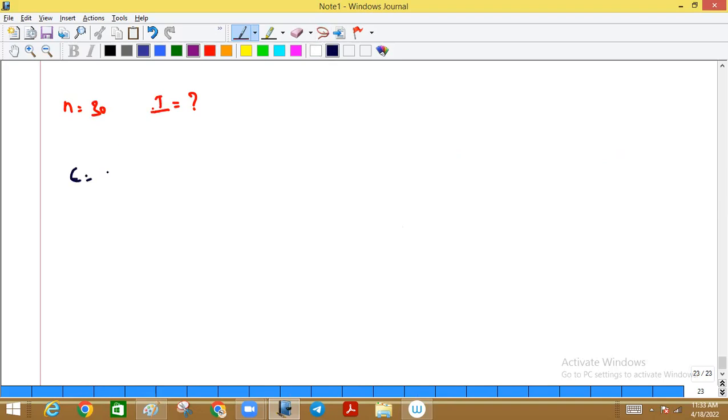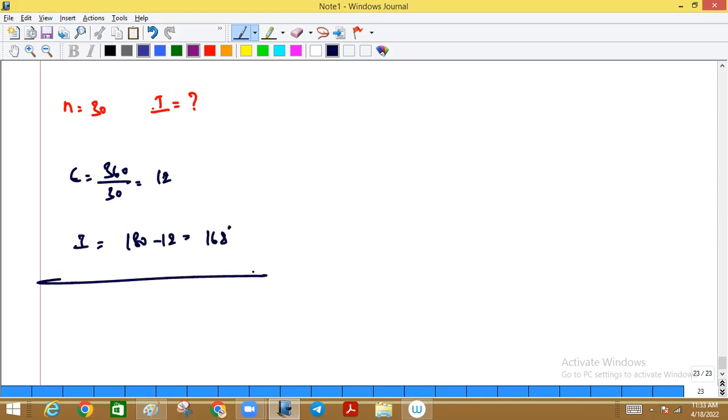Immediately exterior angle is 360 by 30, that is 12. What is I equal to? 180 minus 12. Instead of using this formula, this will be easy, yes or no? Immediately you find 360 by 30, you know that it is 12. If exterior angle is 12, then interior angle is 160.